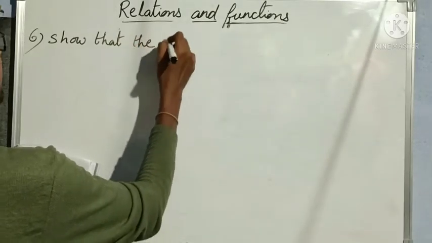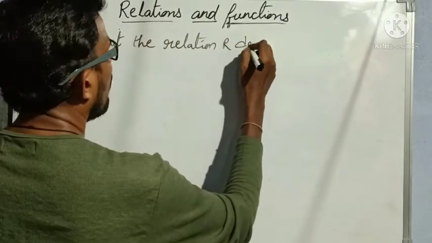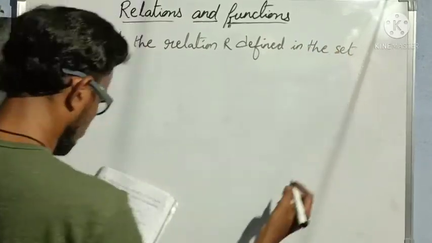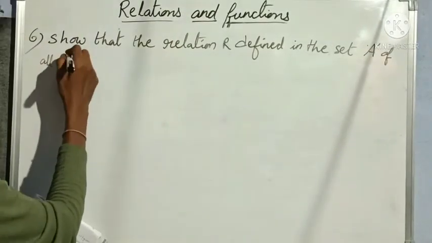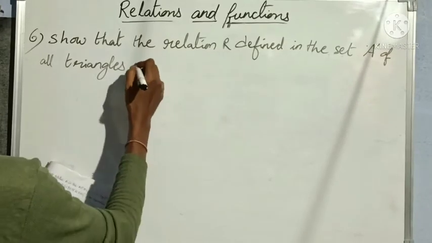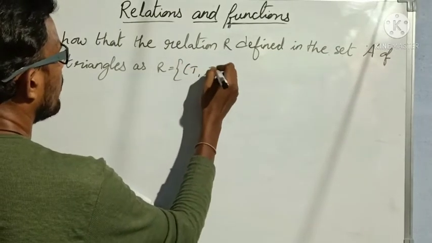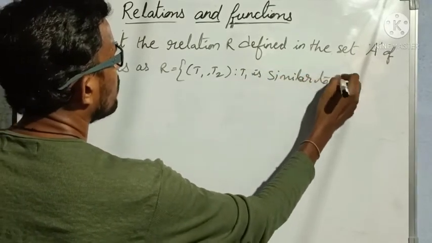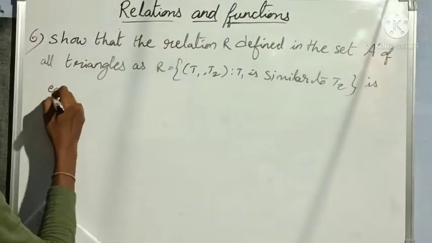Show that the relation R defined in the set A of all triangles as R is equal to T1 comma T2 such that T1 is similar to T2 is equivalence relation.